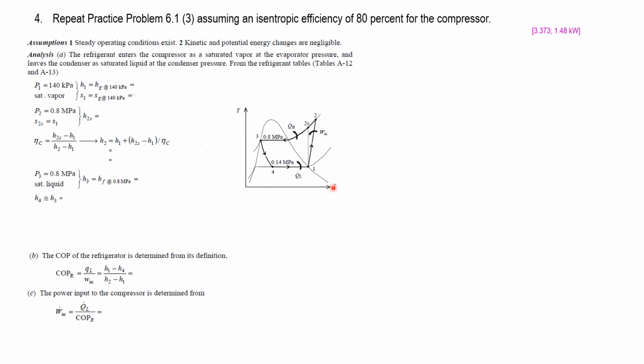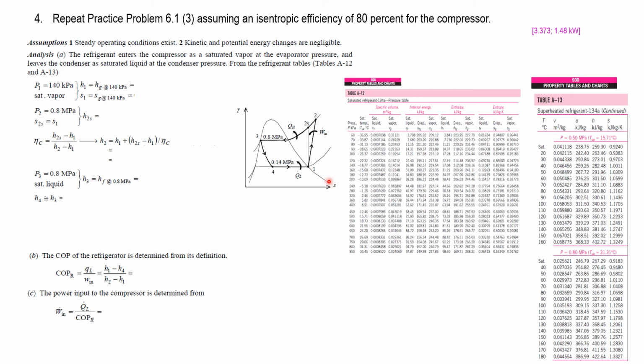Knowing that from the tables, this is in the superheated region. So we have found our s1 here, and this s1 is similar to s2s. Based on these two values, we go to the 0.8 megapascal table. Again, you will need to do some interpolation. You will find the value of h here. Now this h is h2s, not h2. All right, please remember this is h2s.